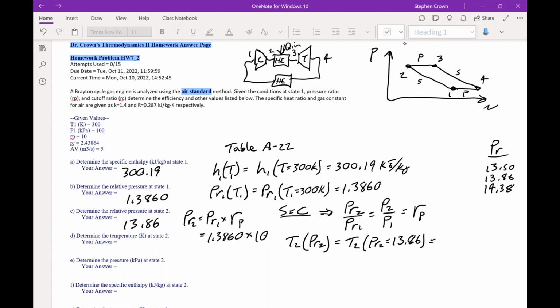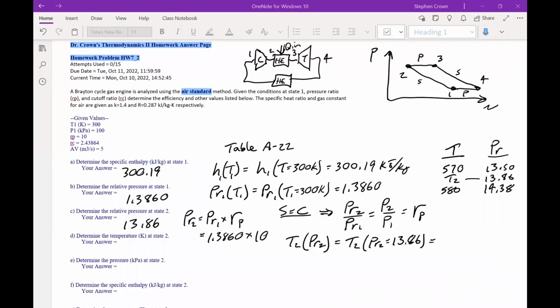And then there are two temperatures corresponding to the two given values, which are 570 and 580. On quick inspection, I'm going to be somewhere around 572, something like that. So this is my T2, and I interpolate to find that value. And interpolating, I get 570.08.